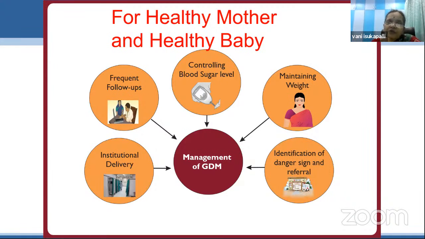Mandatory insulin, institutional delivery, frequent follow-ups in the antenatal period and in the postnatal period, strict, well-controlled blood sugar throughout pregnancy, maintaining optimal weight, identifying the maternal or fetal complications or the danger signs, and early referral to a higher center in whichever case is deemed necessary. When we are practicing all these simple rules, then a healthy mother and a healthy baby is possible even with diabetes complicating pregnancy.